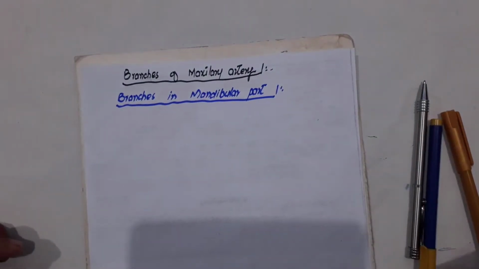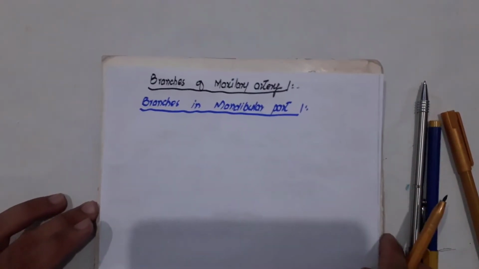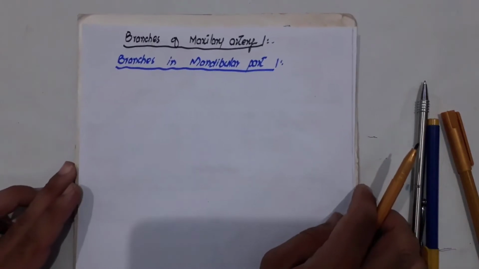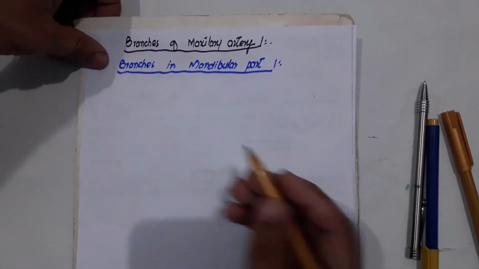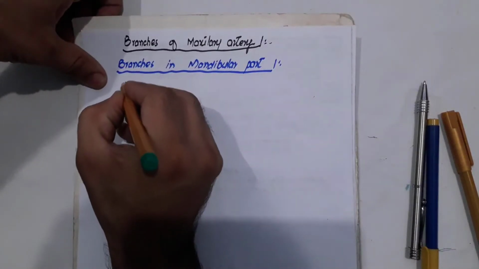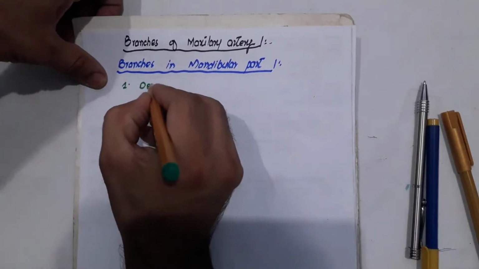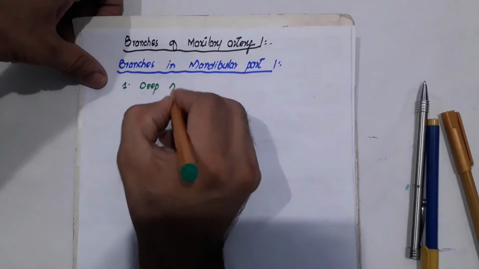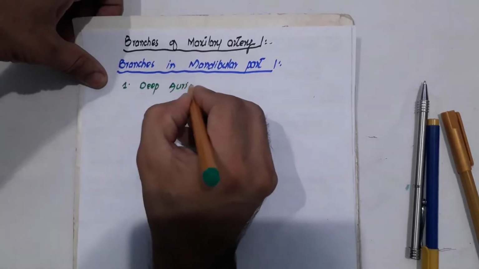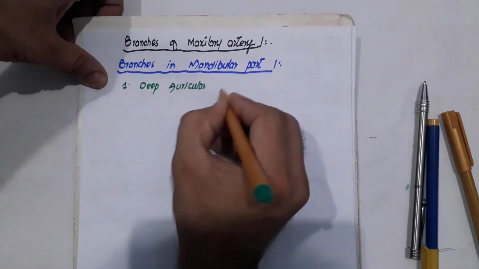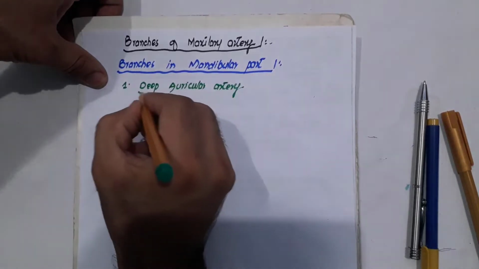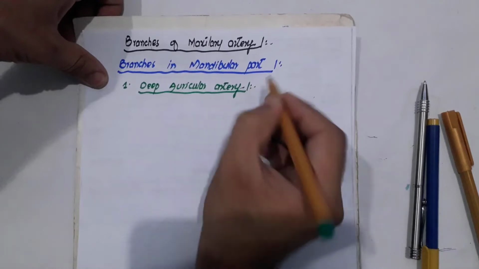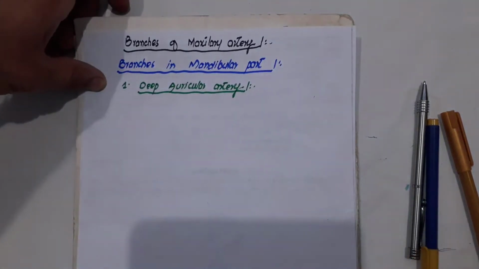So the first branch which arises from the maxillary artery in the mandibular part is the deep auricular artery. Number one, the first branch, the deep auricular artery. Okay friends, I will show you all these branches in the diagram.